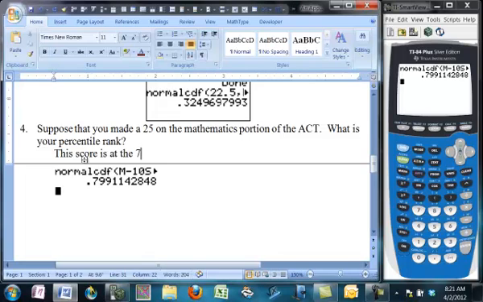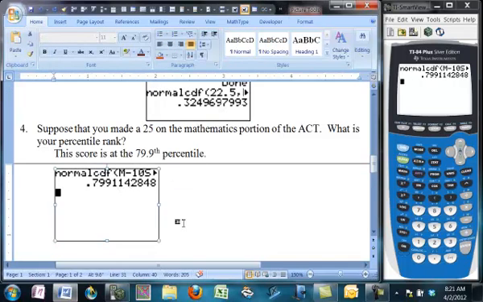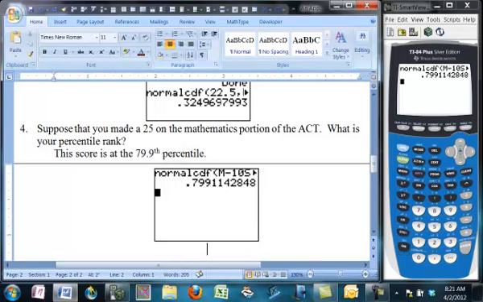Well, it'll be 79.9th percentile. Of course, remember, percentile tells you what percentage of people scored where you are or below.